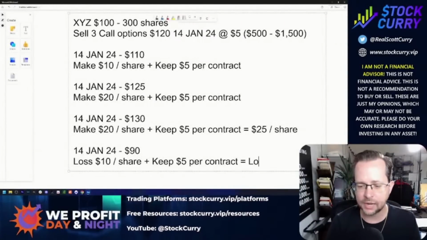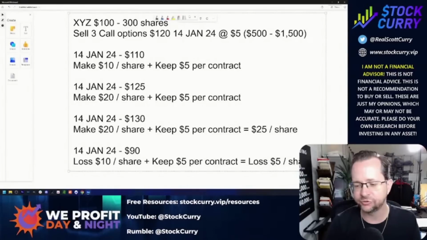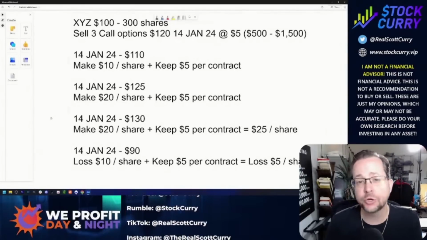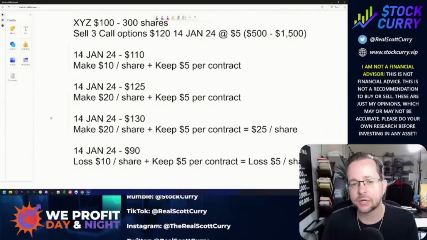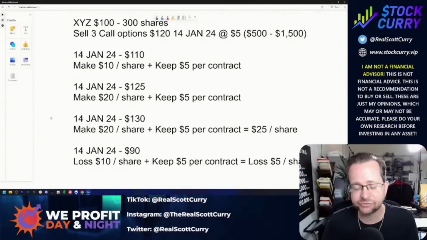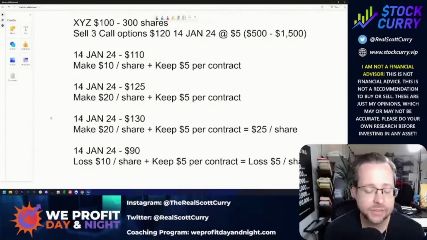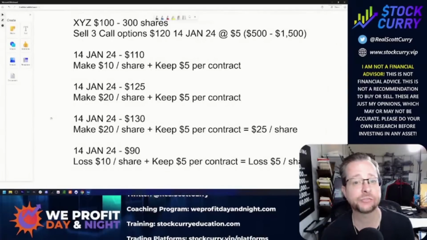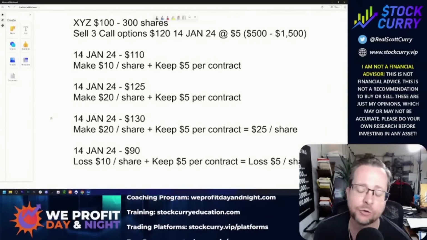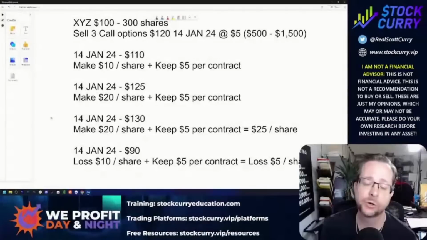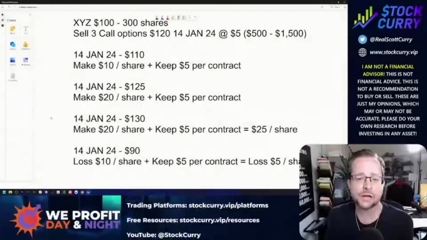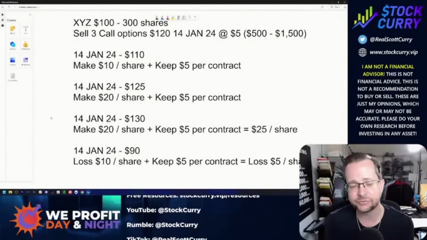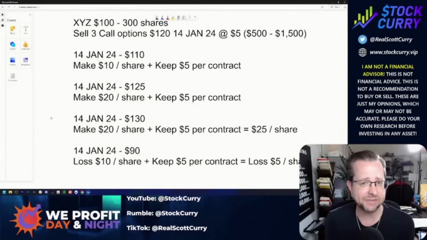So your total loss is $5 per share. So by doing this, you could lose money if that stock goes down in price. But the nice thing is it actually lowers your losses because you still get to keep the $5 per contract. So somebody who had just held the stock, they'd be down $10 per share. But by selling this covered call, you're only down $5 per share.